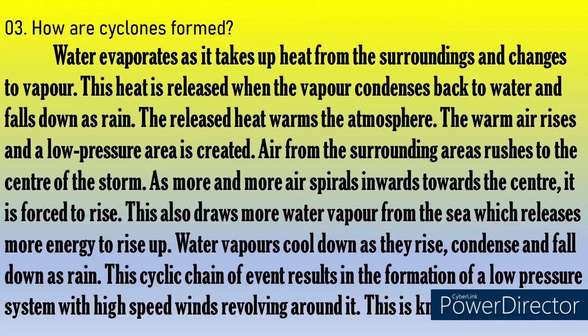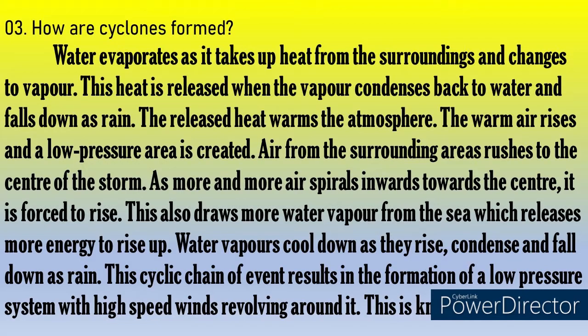So air from the surrounding areas rushes to the center of the storm. Here a storm is going to happen, or is happening. So you come across movement of air towards the low pressure. From high pressure, the air surrounding this area will start to move towards the low pressure.